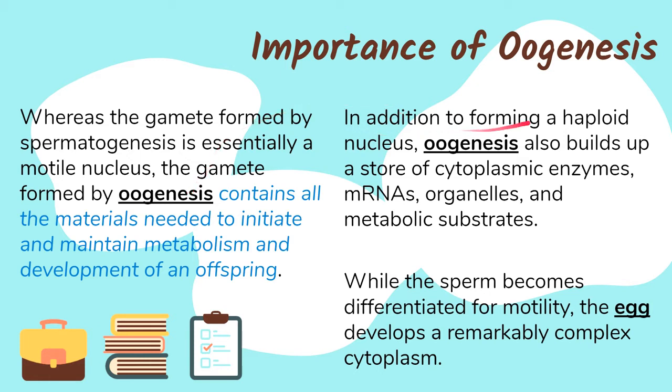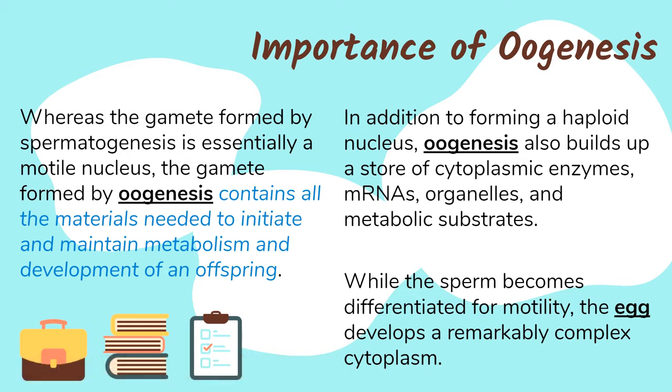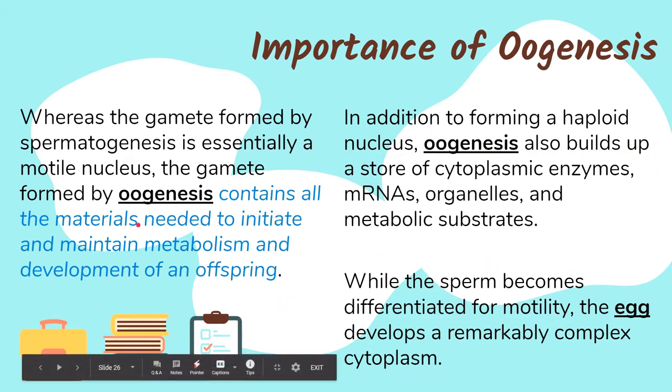In addition to forming a haploid nucleus, oogenesis also builds up the cytoplasmic enzymes, the mRNA, the organelles and metabolic substrate. While the sperm cell becomes differentiated mostly for motility in order to reach the egg cell in the fallopian tube, the egg develops a remarkably complex cytoplasm to contain all of this for the future zygote.